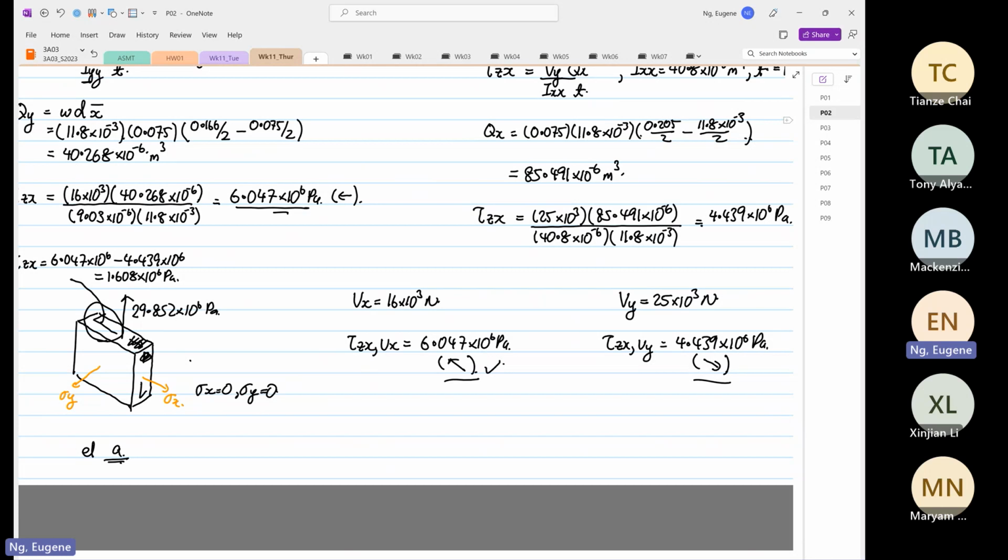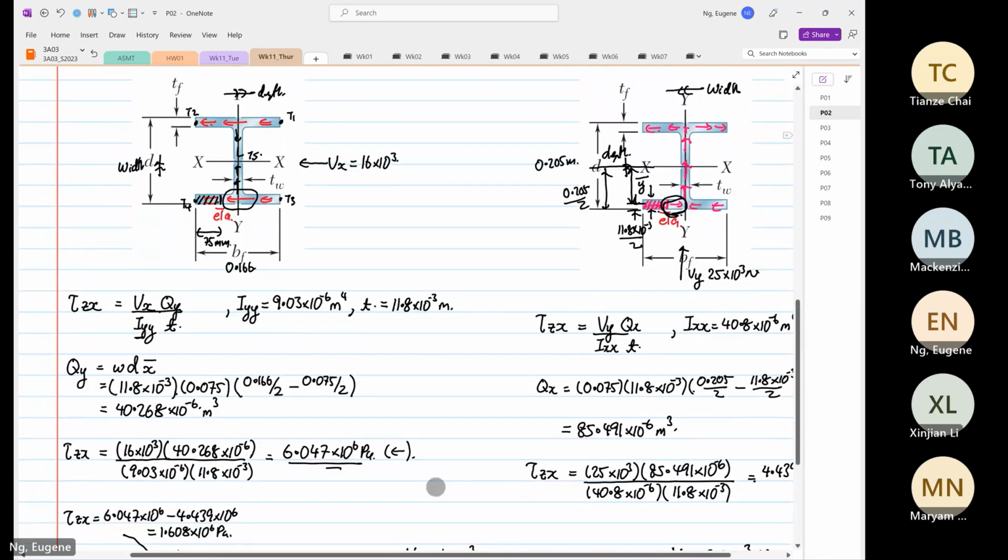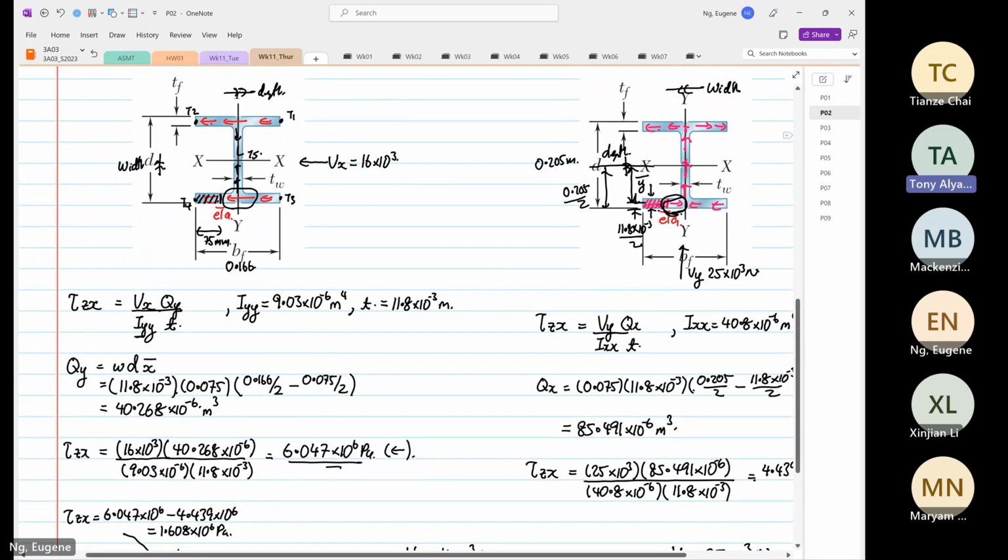So on Vx, if you go up a bit. Did we not say, was it this one? Maybe the one before.